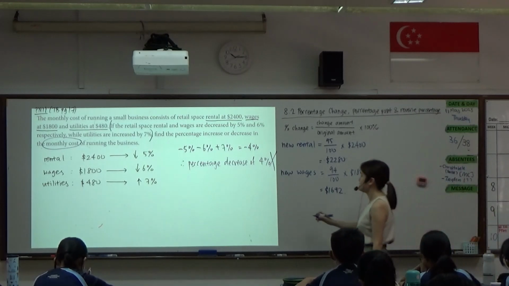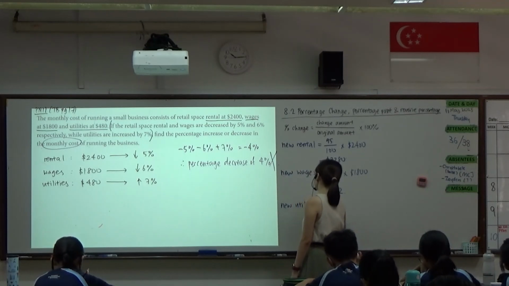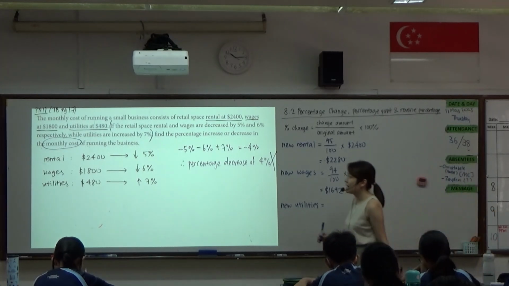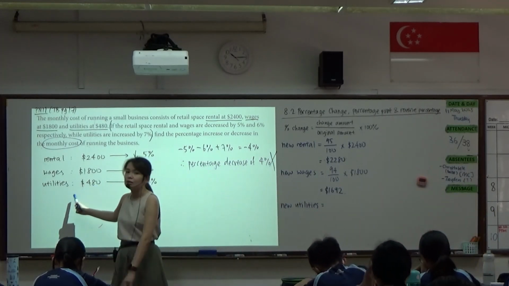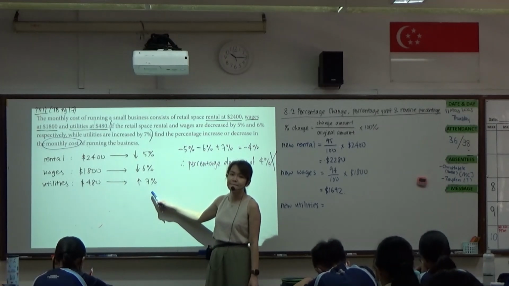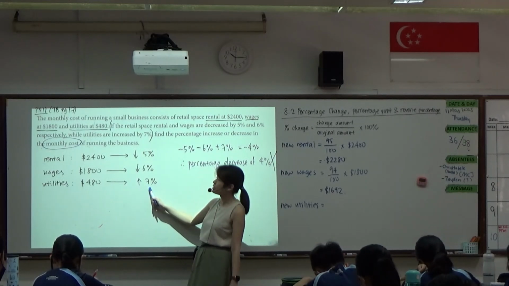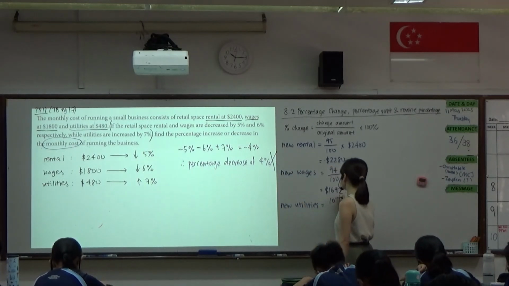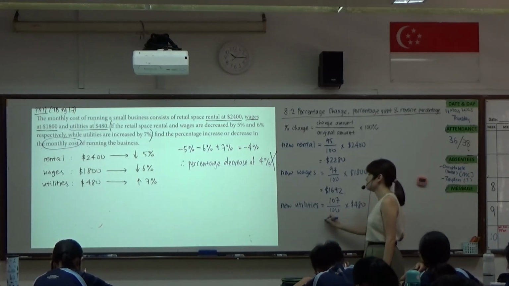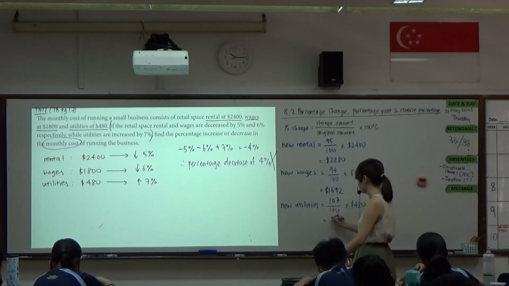And then the new utilities cost, it was previously 100%, now increased by 7%. What is the new percentage? Originally 100, now it's what? 107, right? And we find that the new utilities cost will be 513.60.